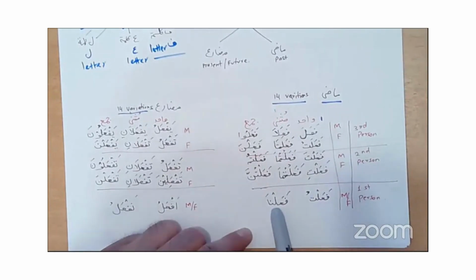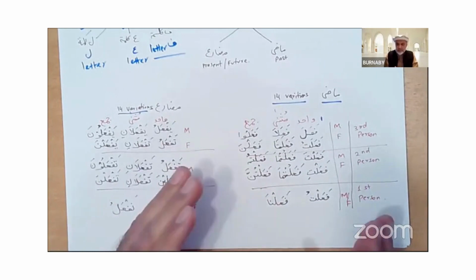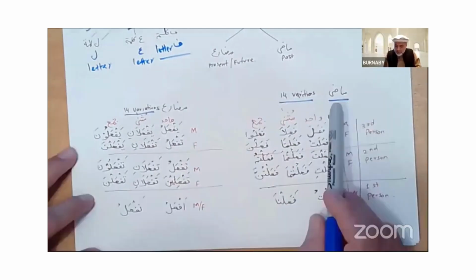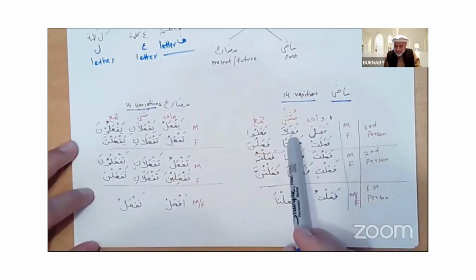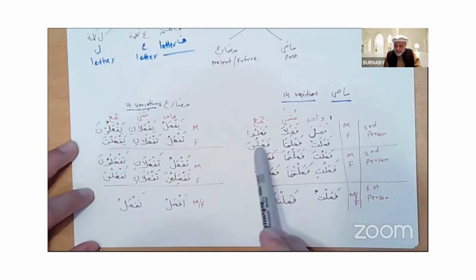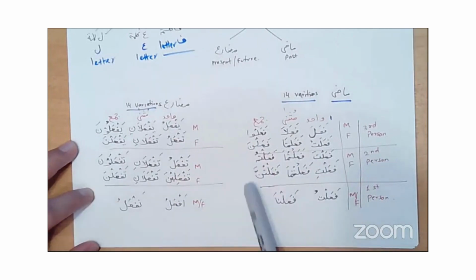Agree? Anybody has any questions about this? Because this is just a review, by the way. Okay, good. So when you do Madi, you say fa'ala, fa'ala, fa'alu, fa'alat, fa'alata, fa'alna, fa'alta, fa'altuma, fa'altum, fa'alti, fa'altuma, fa'altunna, fa'altu, fa'alna.